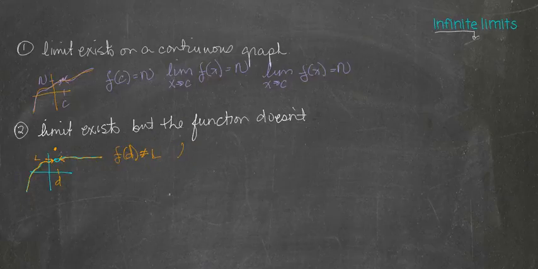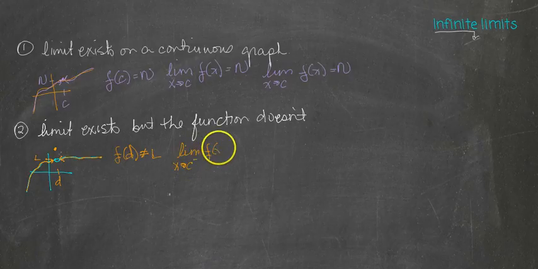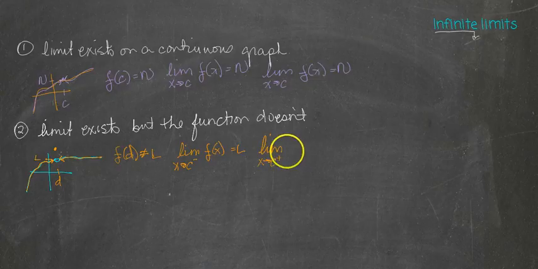So in this case, you have the limit as x values approach c from the left of f of x exists and equals L, and you have the limit as x values approach c from the right of f of x equals L. So the limit exists.